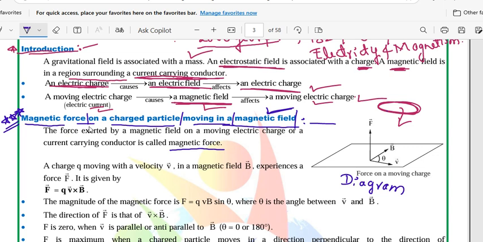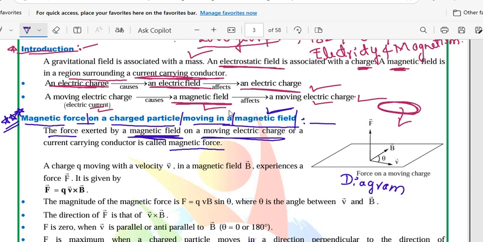I have said that there are three concepts in this line: magnetic force, a charged particle, moving in a magnetic field.